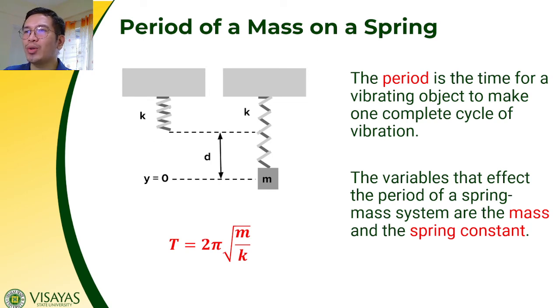Now we will learn how to analyze vertical and horizontal spring mass systems. The derivation of this formula, T is equal to 2 pi times square root of m divided by k, is shown on your laboratory guides. Here, T represents the period, m represents the mass, and k represents the spring constant.